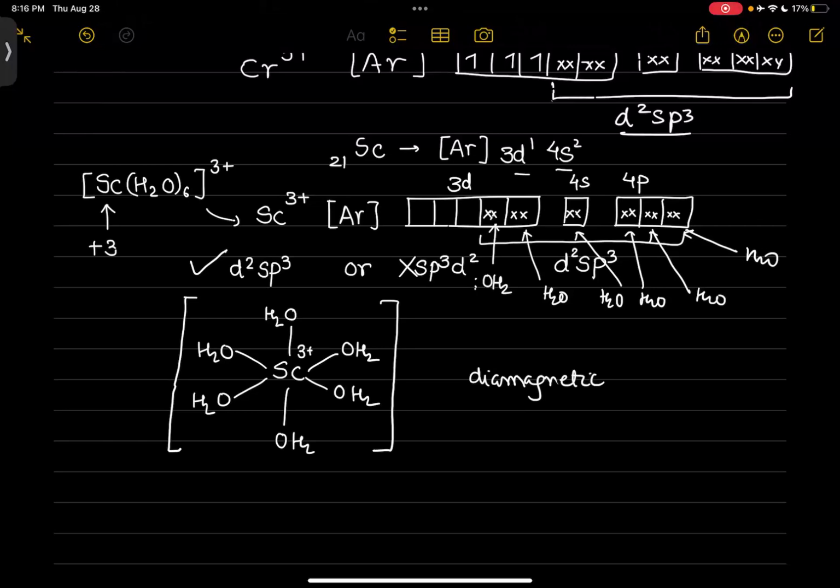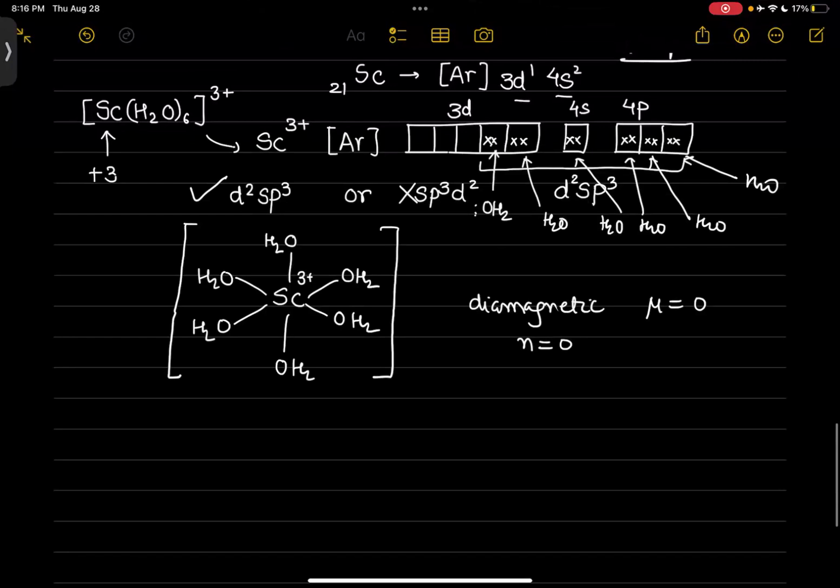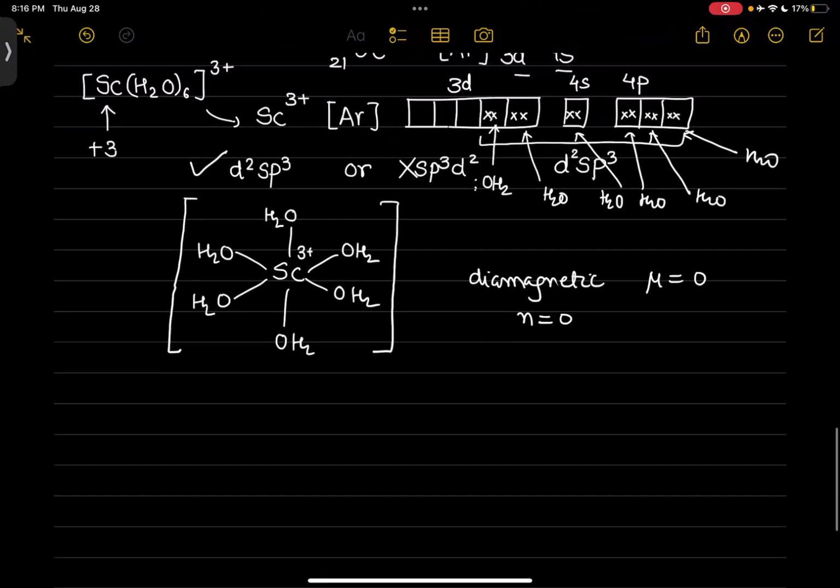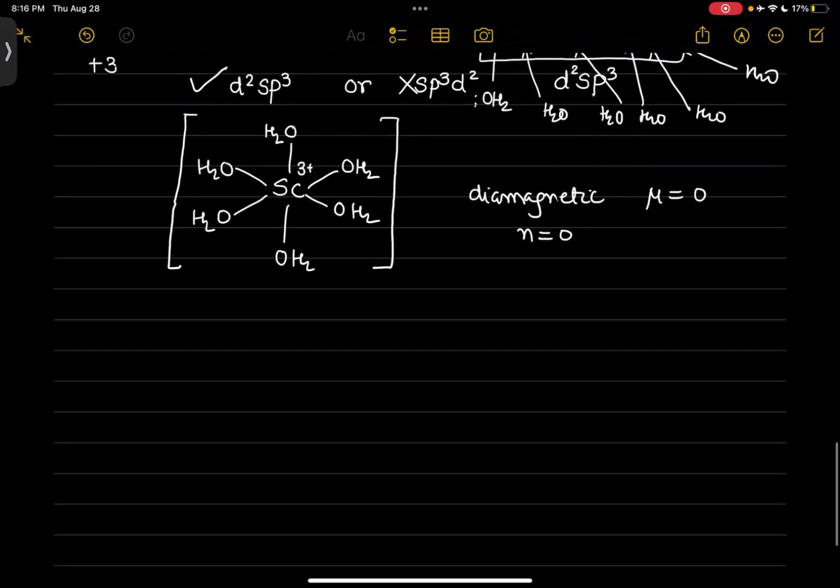As there are no unpaired electrons, its magnetic moment is going to be 0. There were no unpaired electrons, because whatever electrons were there have already been removed. So diamagnetic, magnetic moment 0, octahedral, d2sp3. These things are going to be asked: explain the geometry, explain the hybridization of the complex. I hope this is clear.